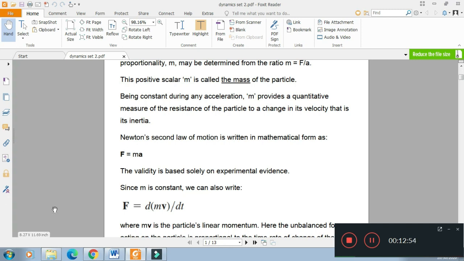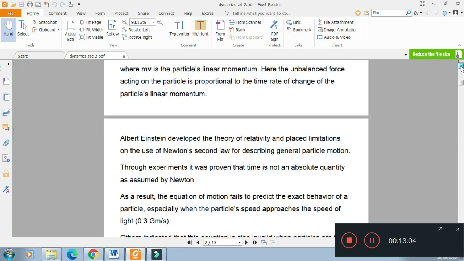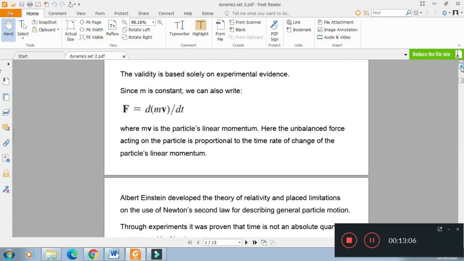We can move mass into the differential sign. So we can write the equation of motion F equal to ma equal to d(mv) over dt. In that case, we will describe the law as force equal to rate of change of momentum.